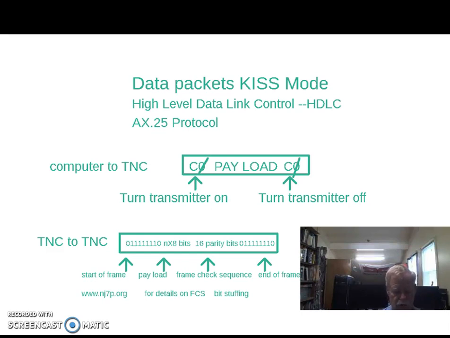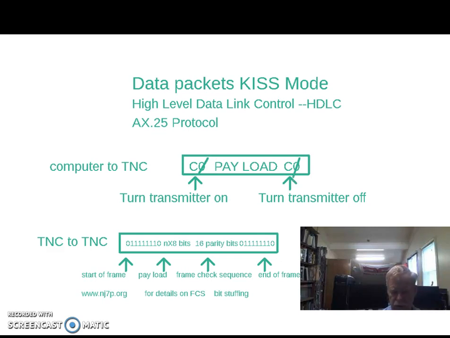Well, we have to tell the transmitter when to turn on and when to turn off. So when the TNC detects the first C0, it says turn the transmitter on. And when it sees the second C0, it says turn it off. That's why we encapsulate our payload with a beginning and ending C0, and that controls the transmitter.